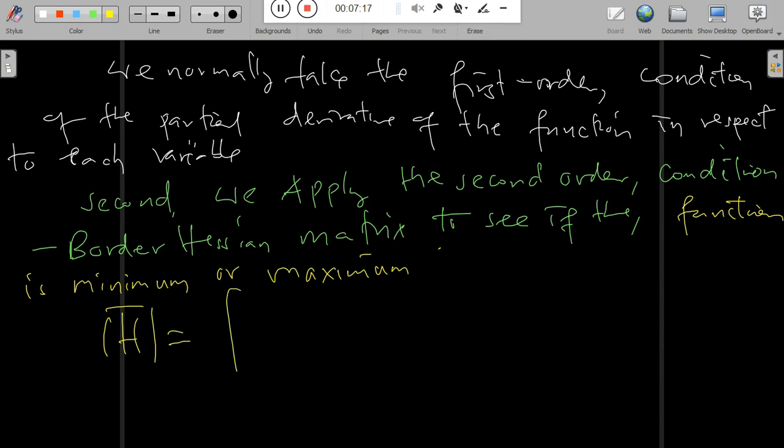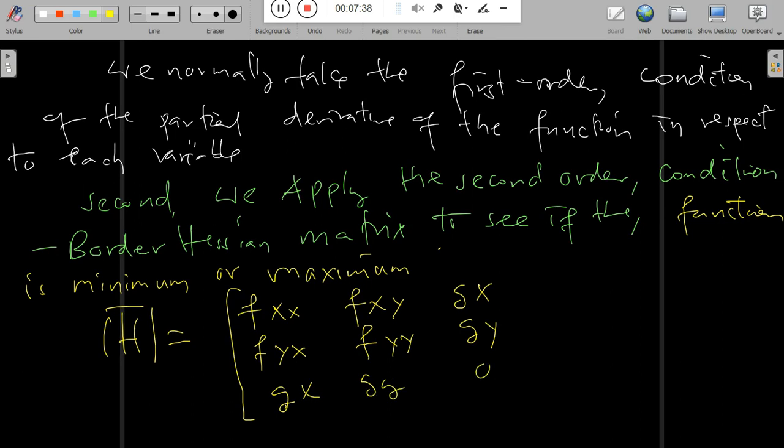The bordered Hessian is given by taking the absolute value of H bar, which is equal to the matrix with rows f_xx, f_yx, g_x; f_xy, f_yy, g_y; and g_x, g_y, 0. Remember, g_x and g_y determine the given lambda on the budget constraint of the equation.